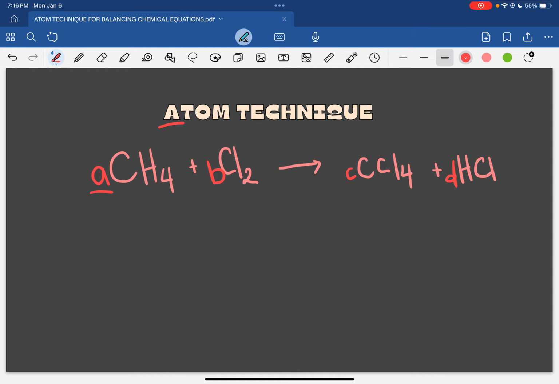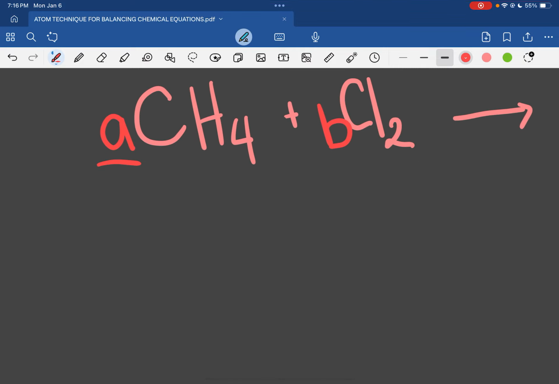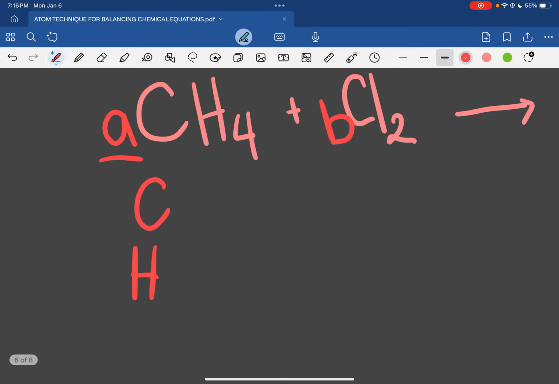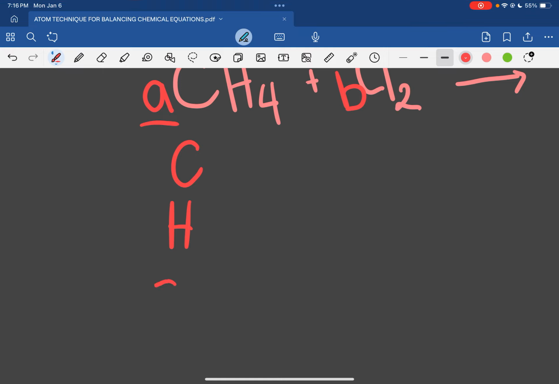Then we're going to translate them into equations. How are we going to do that? First, you would want to enumerate the elements involved. So we have the carbon, we have hydrogen, we have chlorine. Then after listing the elements, we're going to translate them into equations.